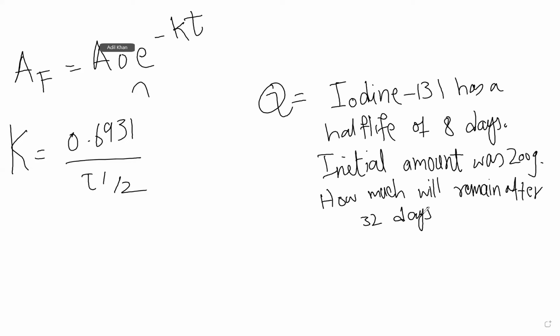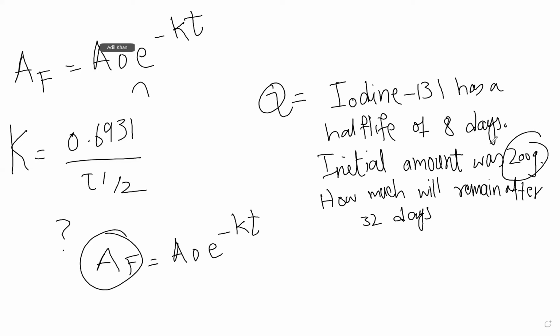Okay, so let's try our first formula, the main formula: A final equals A naught e to the negative kt. Our question is, how much will remain after 32 days? So we want to know A final. Do we have the A naught, the initial amount?